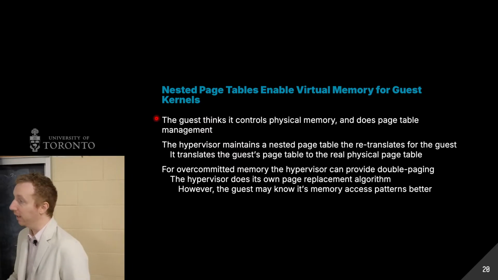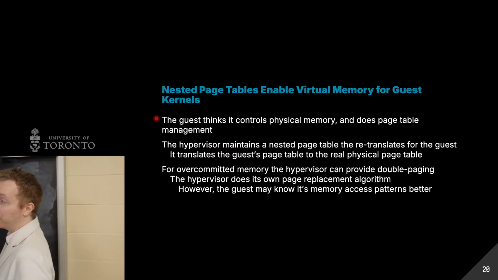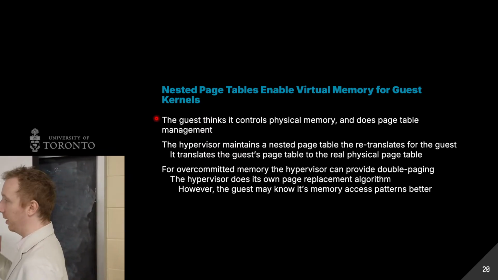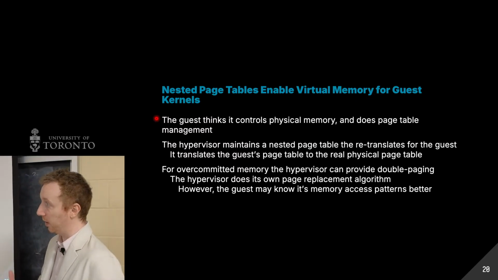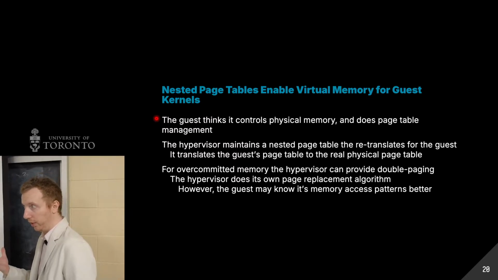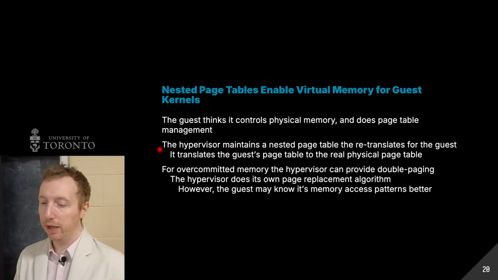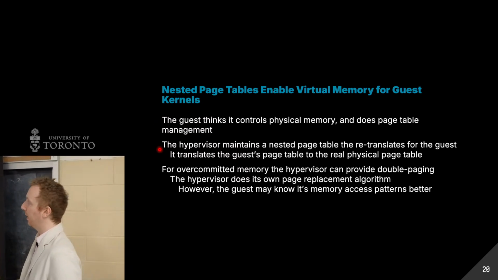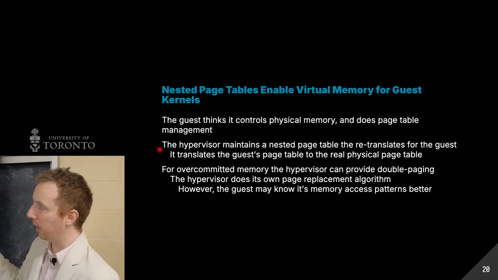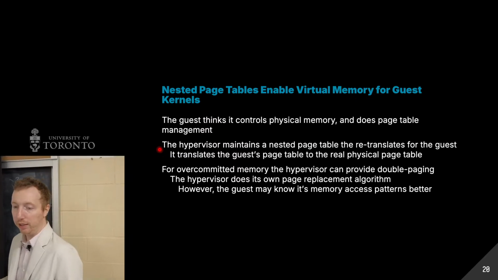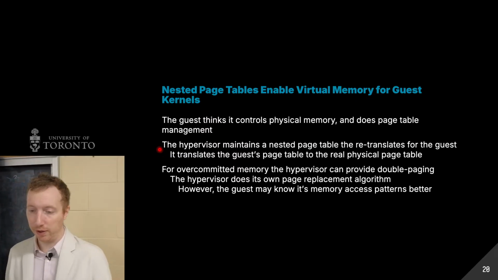So again, the guest thinks it controls the entire physical memory. It does its own page table management. Again, remember the kernel running on the virtual machine is completely unmodified. And the hypervisor is maintaining the nested page tables that retranslate the physical addresses the guest thinks it's using to the real physical addresses on the machine.